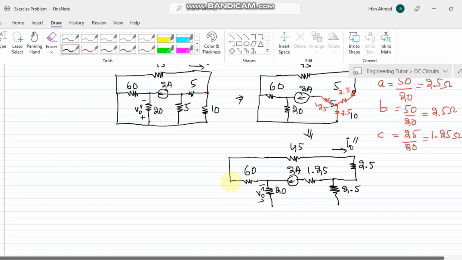Okay, and these are connected with each other. We can easily see that the 45 ohm and 2.5 ohm are in series with each other. So adding them together, I will get 47.5.